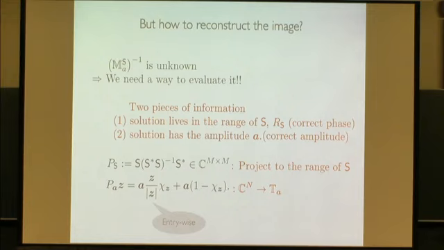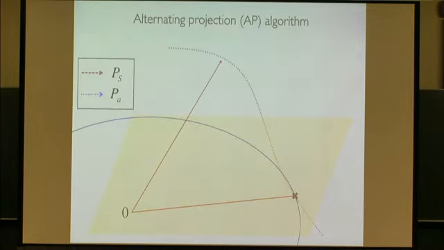Now, in 1972, the alternating projection algorithm was introduced. How does it work? The yellow plane is the range of S, RS, and that curve is the torus TA. It doesn't look like a torus, I know.